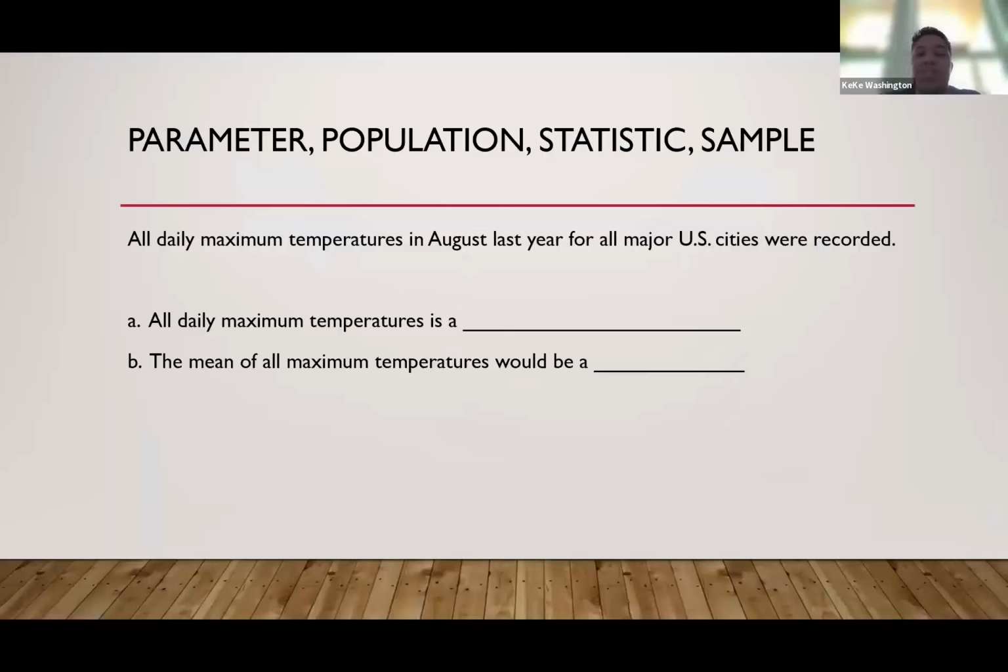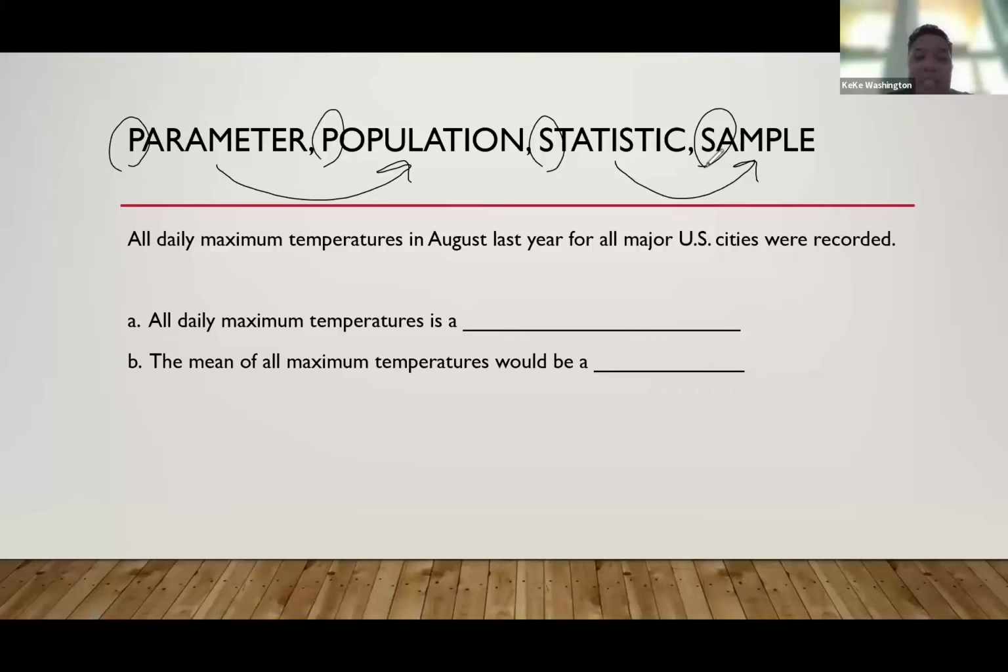A sample is a small portion of that population, a subset of the population. A parameter is a numerical value of the population. And a statistic is a numerical value of the sample. Okay, so just remember the first letters. Parameters go with populations because they both begin with the P, and statistics go with samples because they both begin with an S.